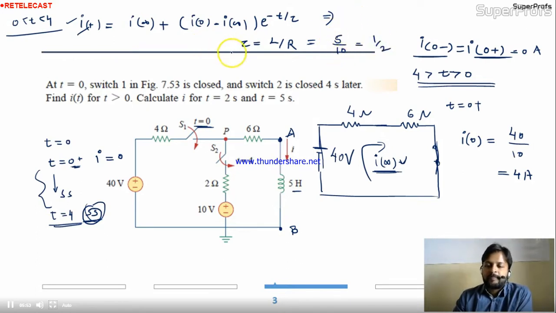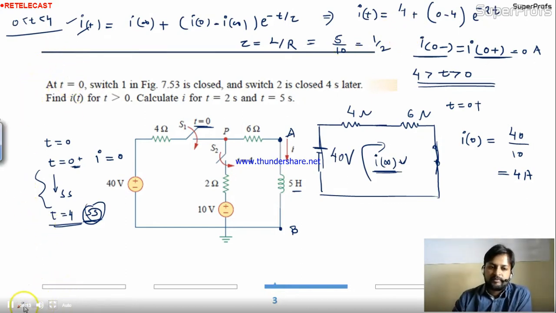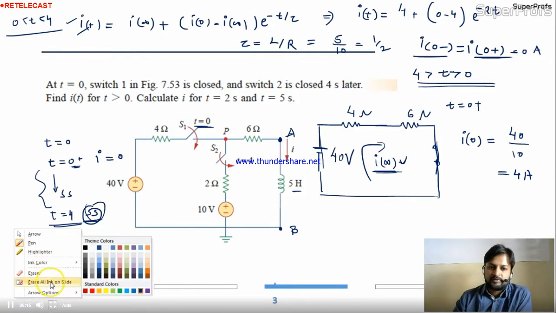Is it okay? So for region 0 to 4, your current I(t) is, now we can put the values, 4 plus 0 minus 4 e to the power minus 2t. So your equation is finally 4 minus 4 e to the power minus 2t.